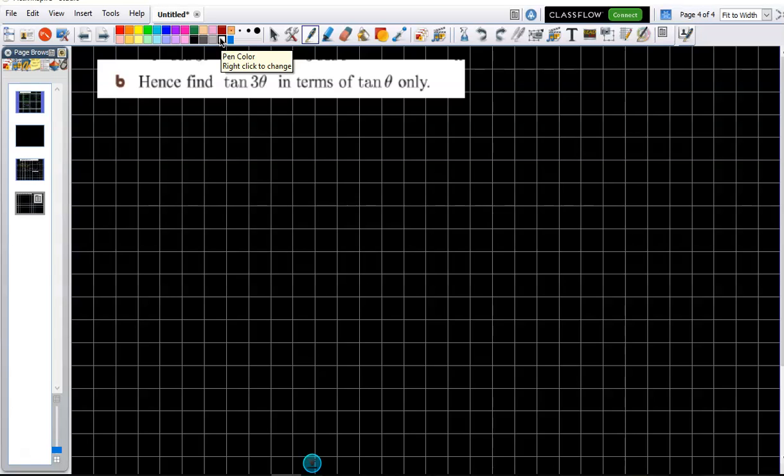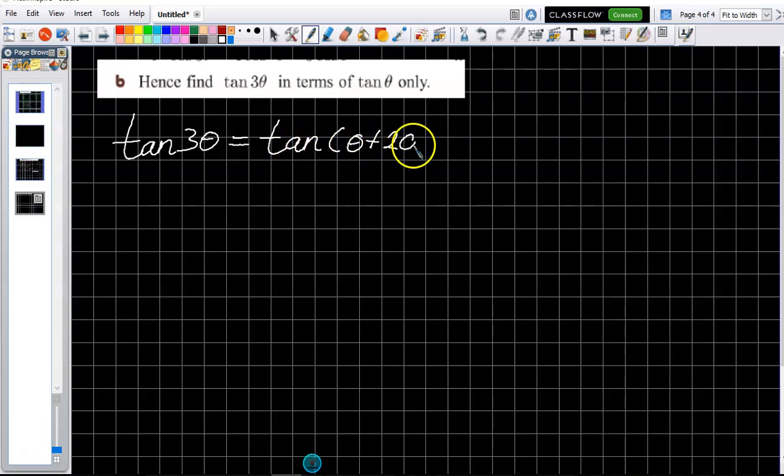Now, tan 3 theta. We do the same as what we did before. So we just split it as tan bracket theta plus 2 theta. We equate that to the identity, which is tan 2 theta plus tan theta upon 1 minus tan 2 theta times tan theta.